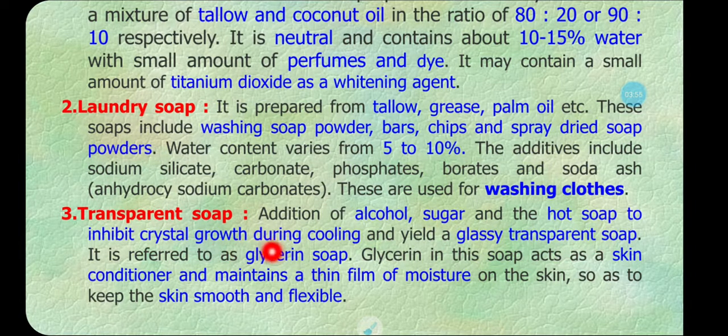It is referred to as glycerin soap. Glycerin in this soap acts as a skin conditioner, maintaining a thin film of moisture on the skin so as to keep the skin smooth and flexible. It is used when somebody has dry skin. This soap is also used as a medicated soap to maintain moisture on the skin.